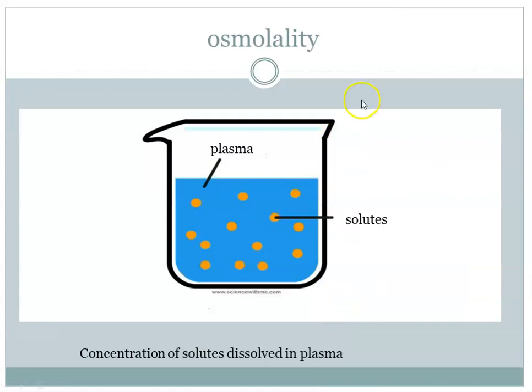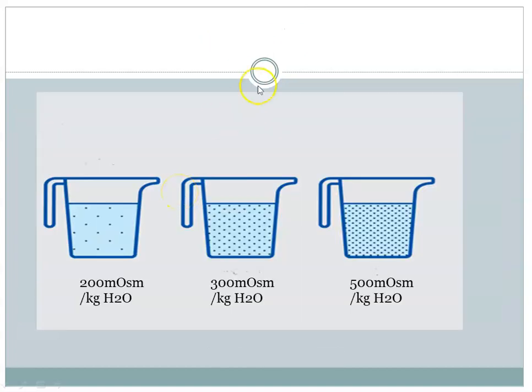First, we have to know what is osmolality. Osmolality is a concentration of solutes dissolved in the plasma. You already know the plasma osmolality is 300 milliosmol per kg of H2O. This is the 300 milliosmol of electrolytes present in an equal concentration of water.